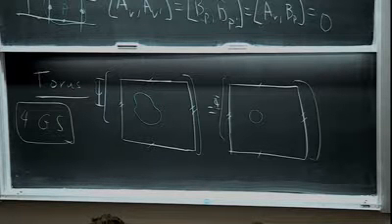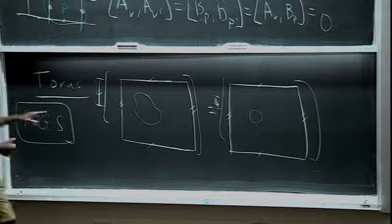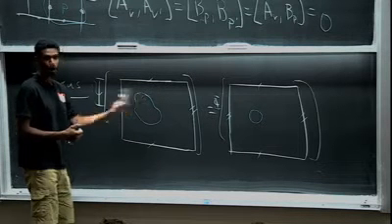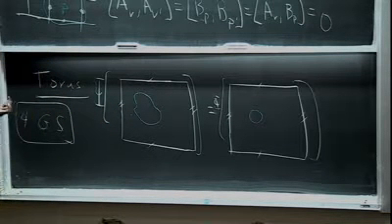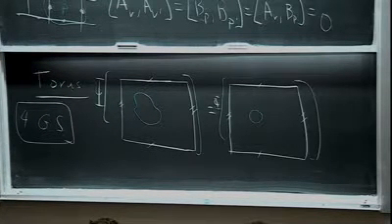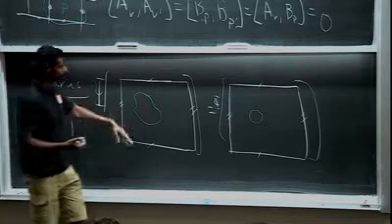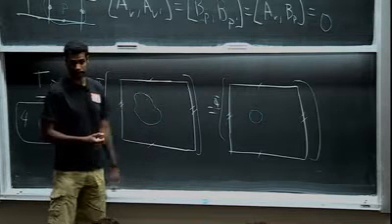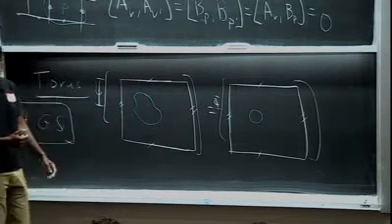Modulo the issue that you have to specify what the winding numbers mod 2 are around the 2 directions of the torus, okay? Once that's specified, it's then an equal amplitude superposition over everything that's obtainable from it by those rules. Okay?